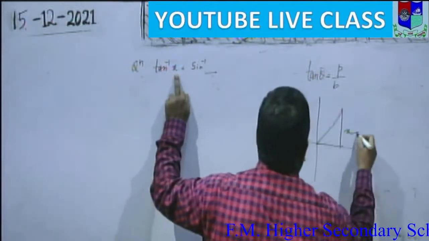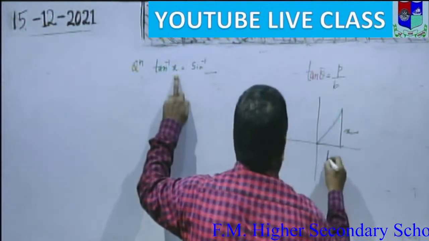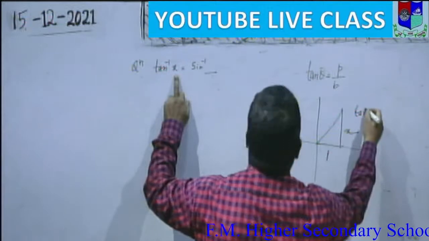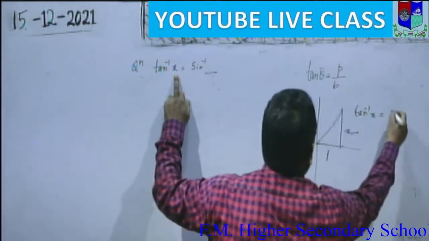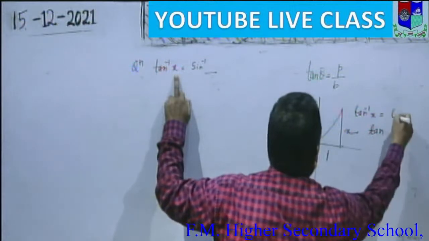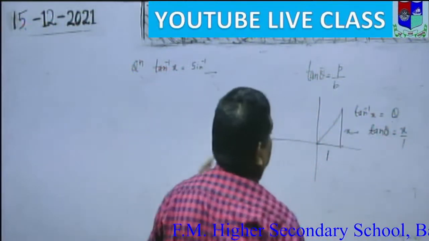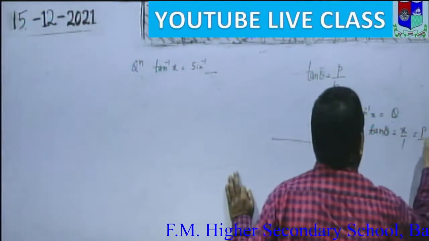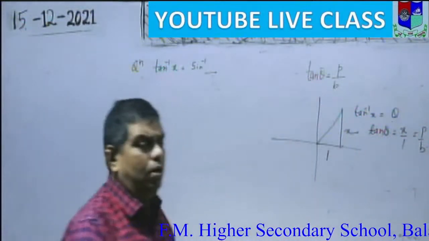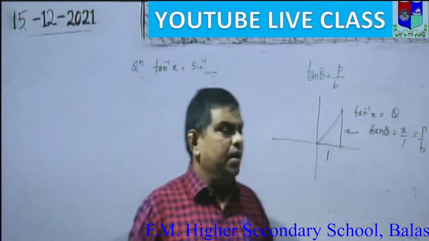This is 1. Tan inverse x is equal to y, tan y equal to theta. Now tan theta is x by 1. This is your P by B. We know tan theta is P by B.